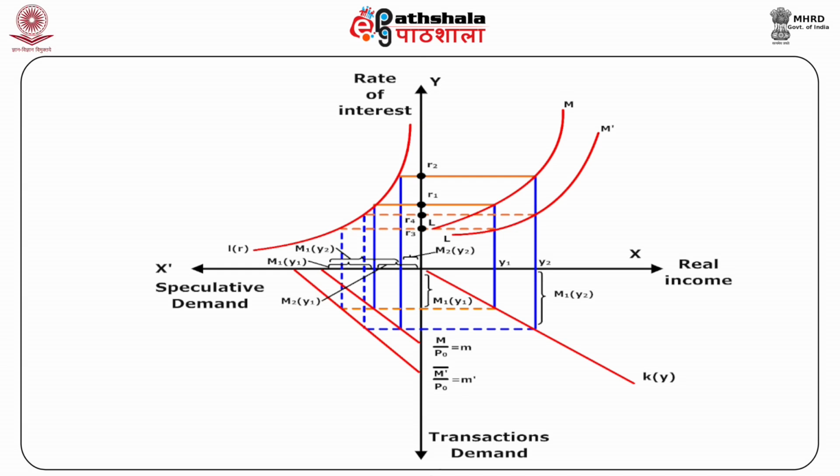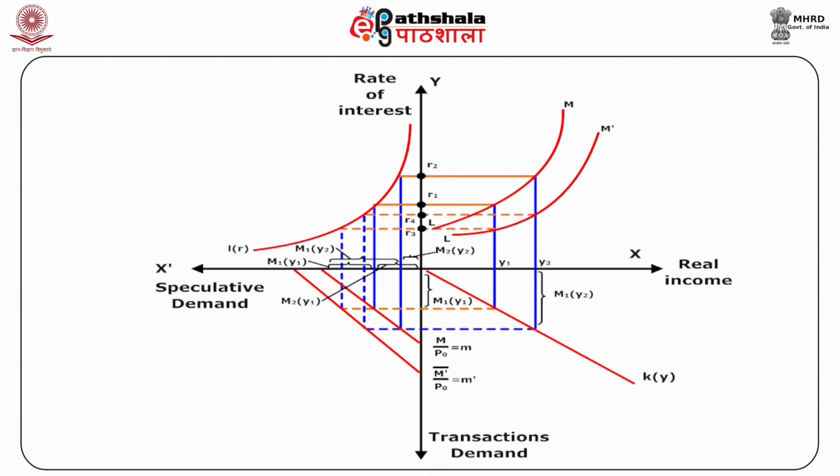Now, let us consider the change in the money supply. That is, if the nominal money supply increases, then what would happen? The nominal money supply has increased from M bar to M bar prime. That is, the Reserve Bank, the State Bank, the Central Bank, expands the nominal money supply. The price level is given, it is still P0.